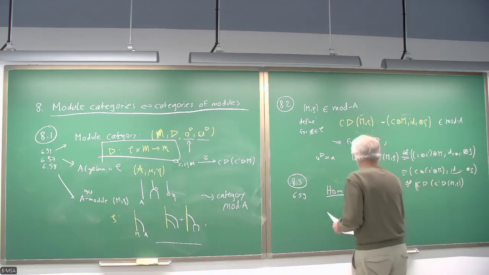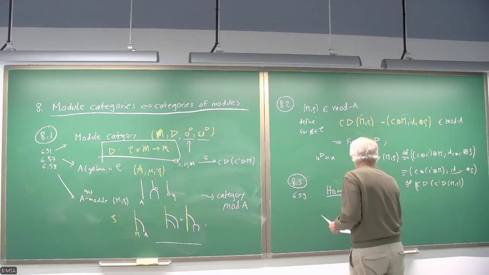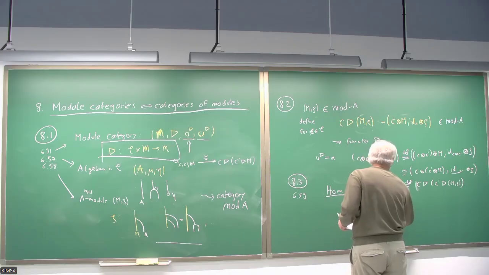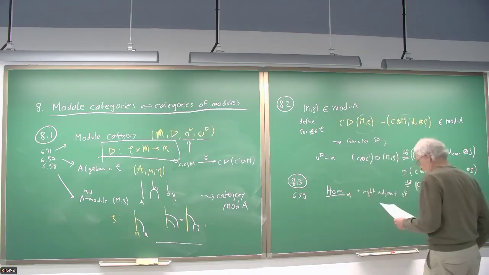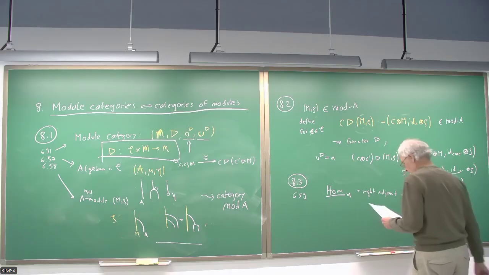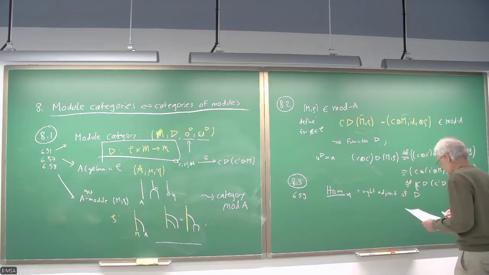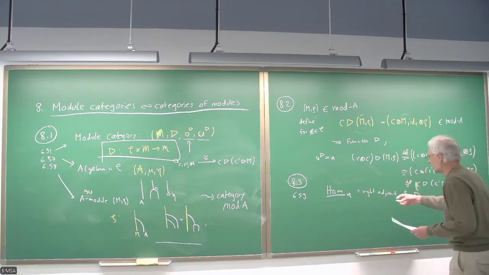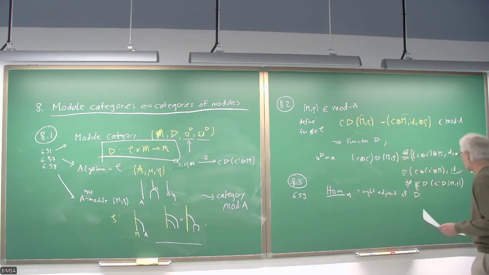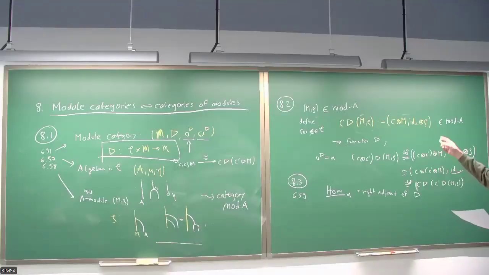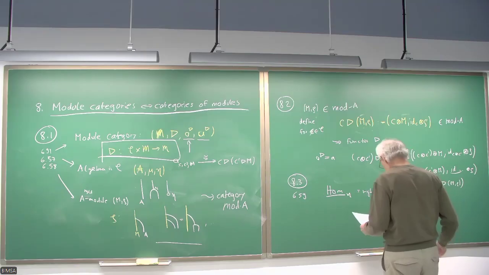So this is defined to be the right adjoint of the action functor, where, depending on how we view this, this will be a functor from M op times M to C, or just M to C with one of the labels fixed.